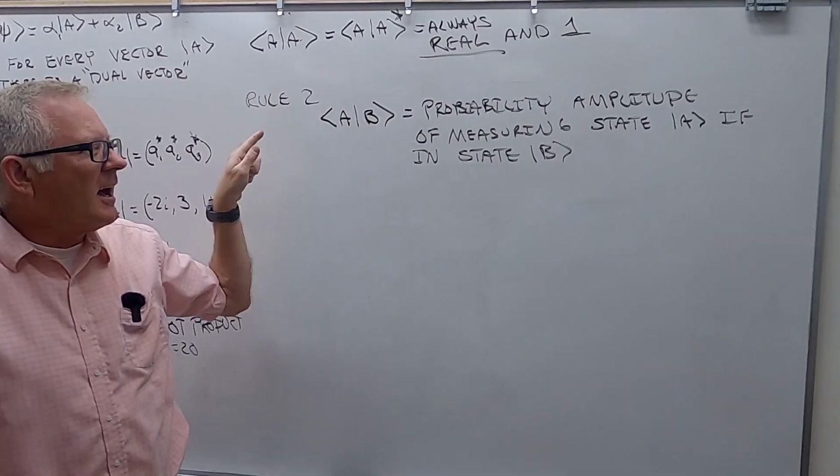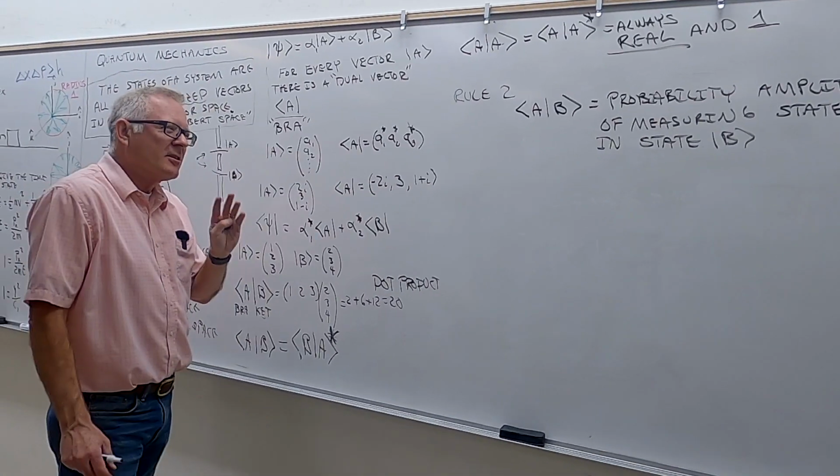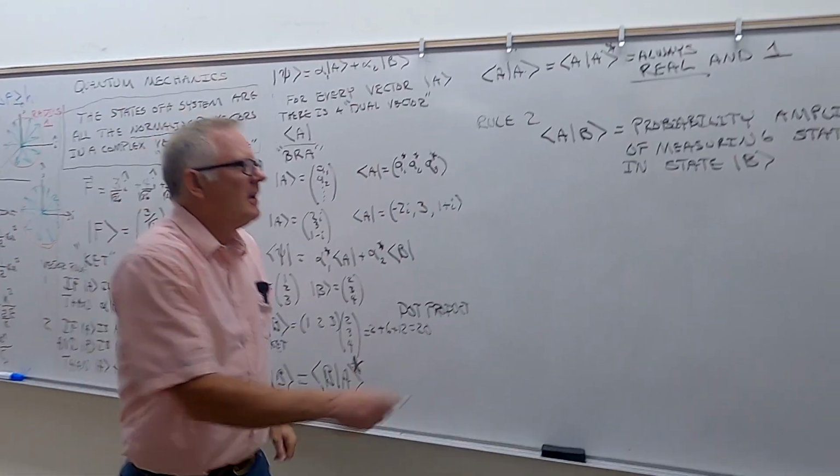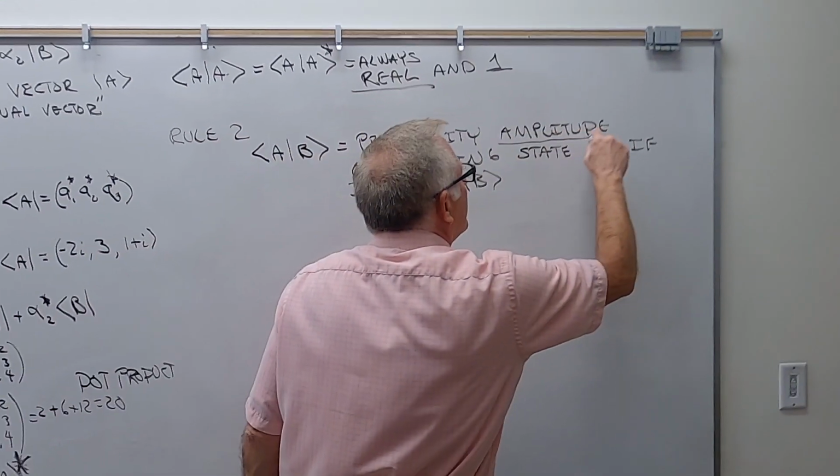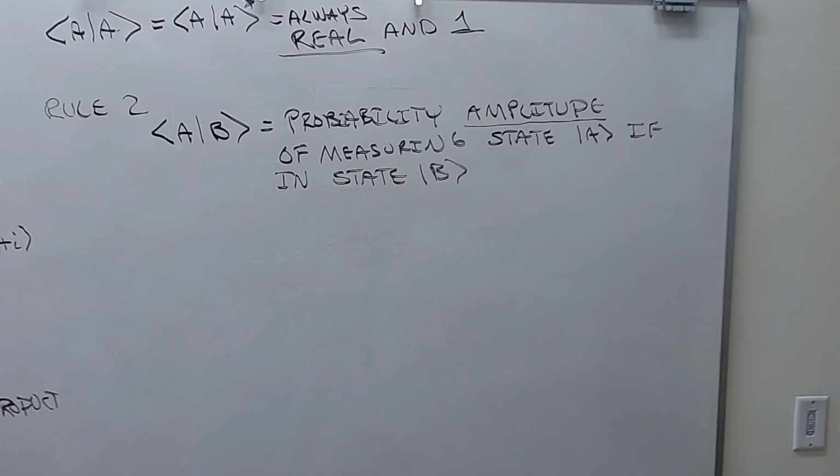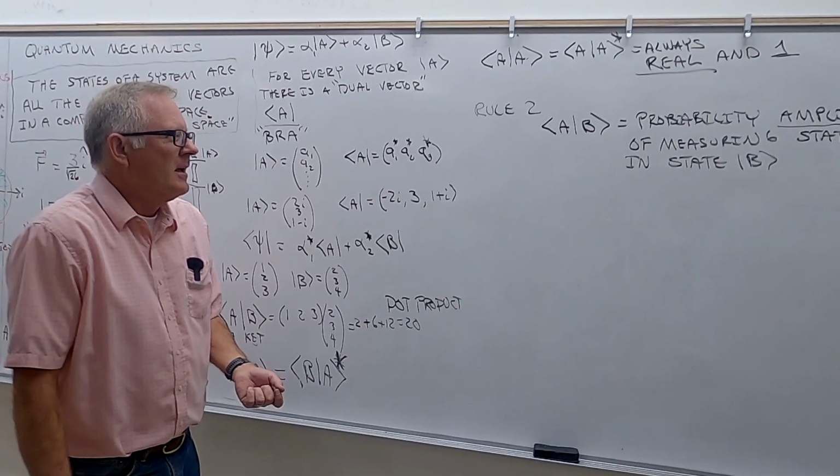You just do this dot product. Now this isn't the probability, it's just something called the probability amplitude. This can be a complex number. You can never have probabilities that are complex.